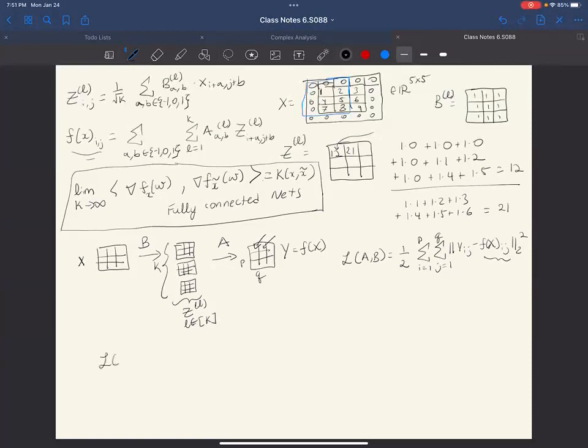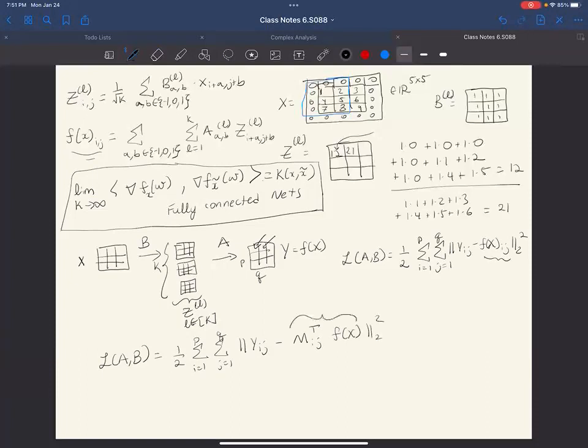We can actually take this loss and rewrite it as follows: sum over i equals 1 to p, j equals 1 to q, norm of y_ij minus, I'm going to introduce an extra matrix here called M_ij, and then compute this inner product.